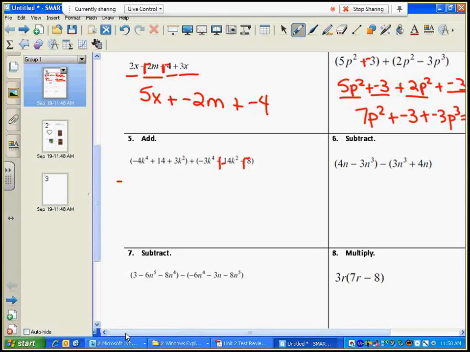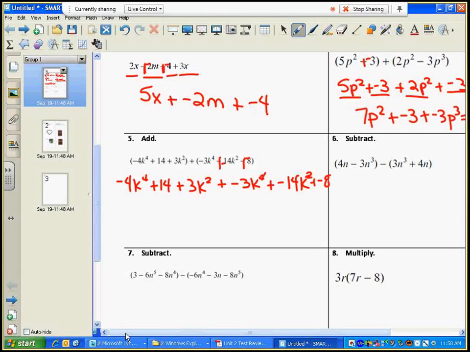Rewrite this nicely as negative 4k to the 4th plus 14k squared plus 3k squared plus negative 3k to the 4th plus negative 14k squared plus negative 8. Now I'm going to combine our like terms.